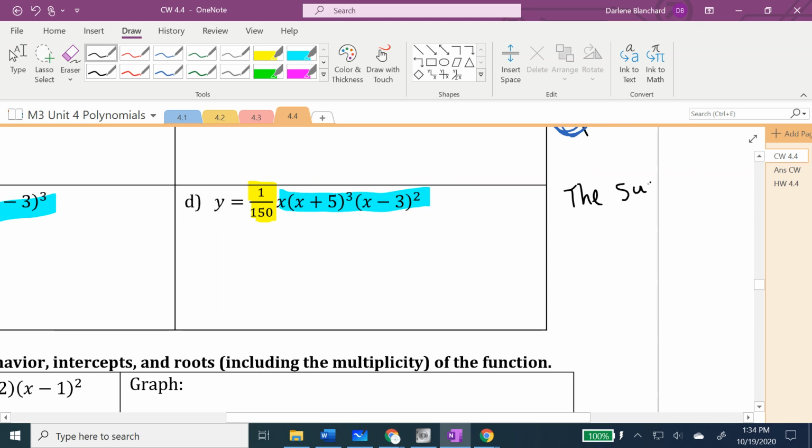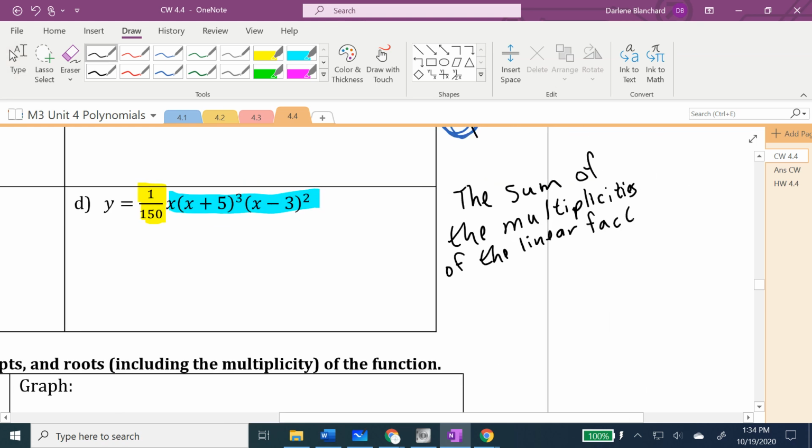The sum of the multiplicities of the linear factors of a polynomial, and mind you, this is only talking about ones that can be factored into linear factors.